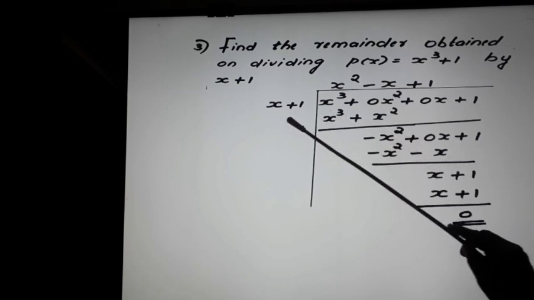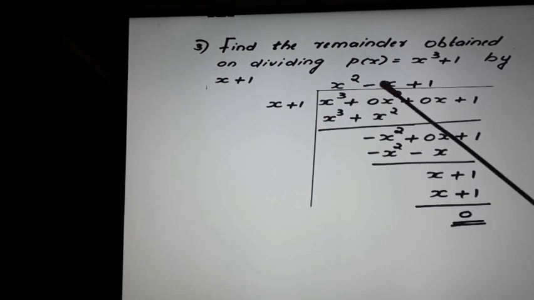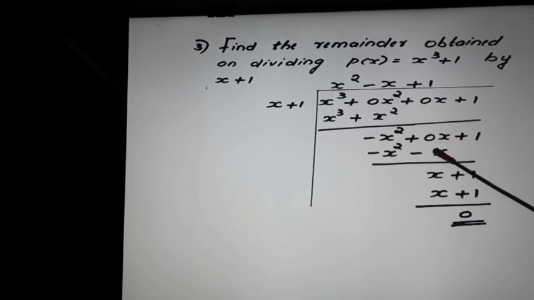Minus x square by x is minus x. Minus x into x is minus x square, minus x into plus 1 is minus x. Now do the subtraction. This part becomes 0. You will get 0x minus minus x, so 0 plus x will come there, which is equal to x. So x plus 1, bring down.